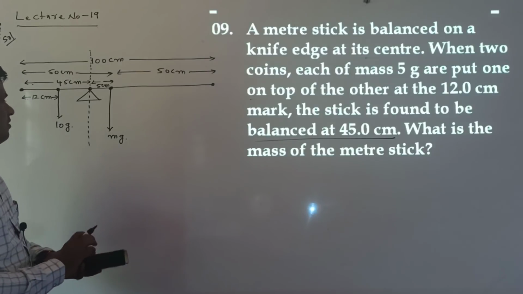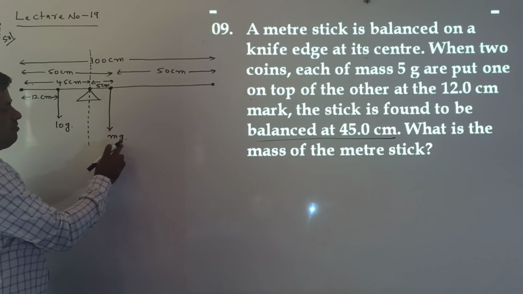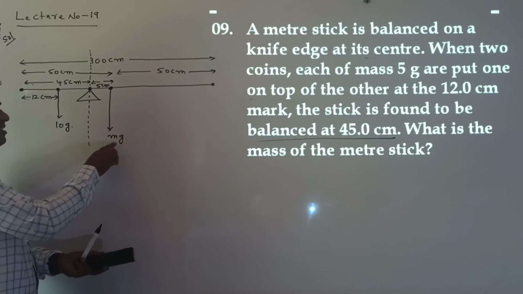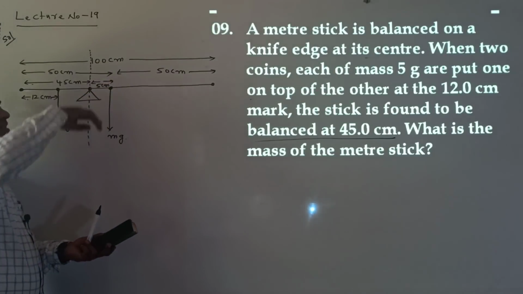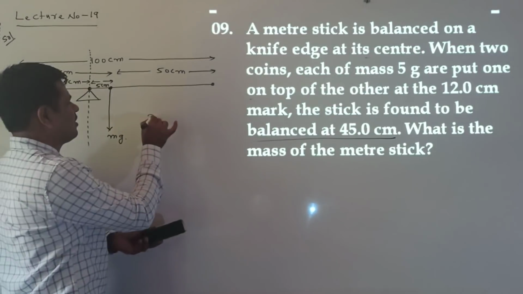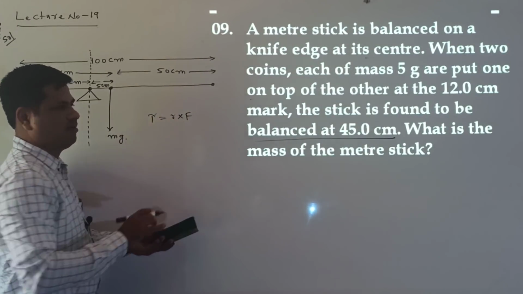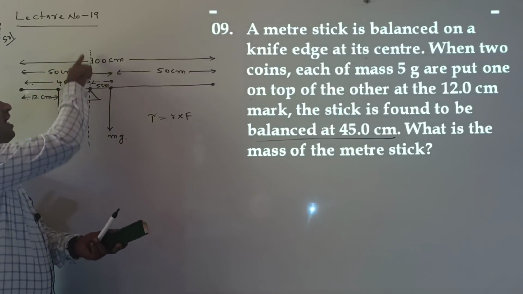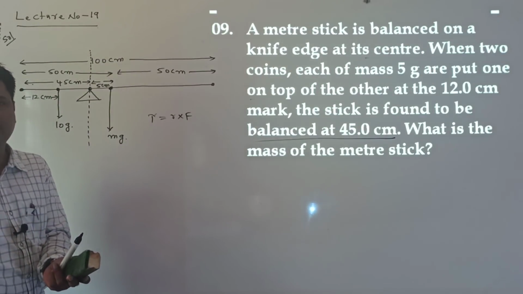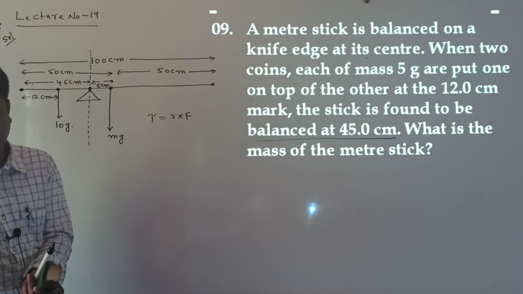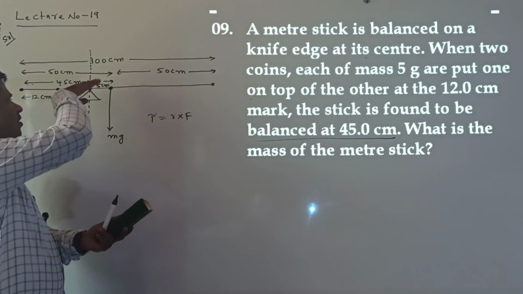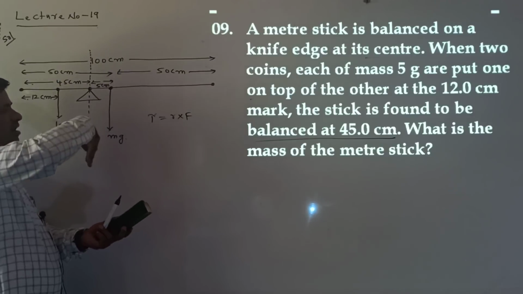Now clearly listen. Weight is mg, so force is mg, and the distance is 5 centimeter. Torque is given by the formula r cross F. The distance is 5 centimeter from this axis, the new balanced point. Now I take this as clockwise torque.